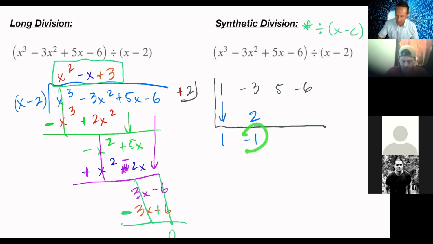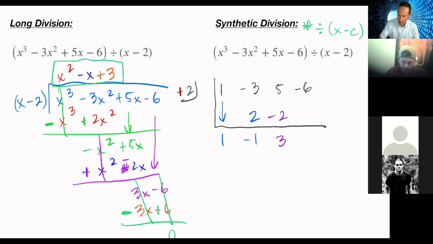Now, what am I going to do with that -1? I'm going to take the 2 and multiply, and then I'm going to write it underneath the next thing on the inside. So now I got +2 times my -1, which is -2. Add straight down. Do it again.